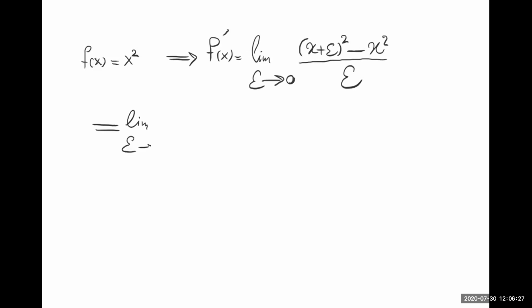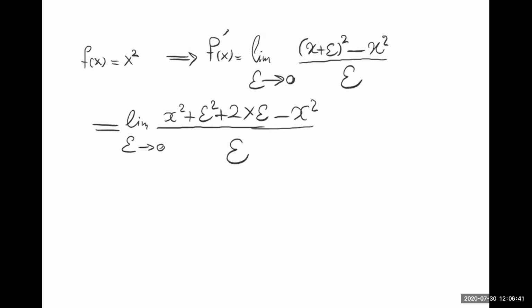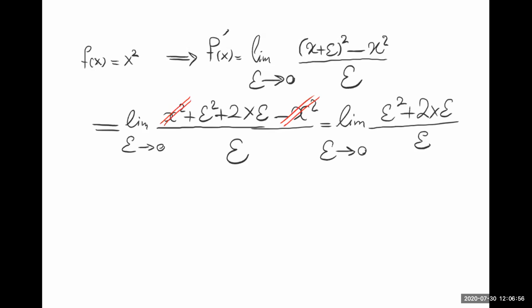Well, we can expand x plus epsilon squared. It's x squared plus epsilon squared plus 2x epsilon minus x squared, over epsilon. Now x squared cancels with minus x squared. We would get the limit of epsilon going to 0 of epsilon squared plus 2x epsilon over epsilon.